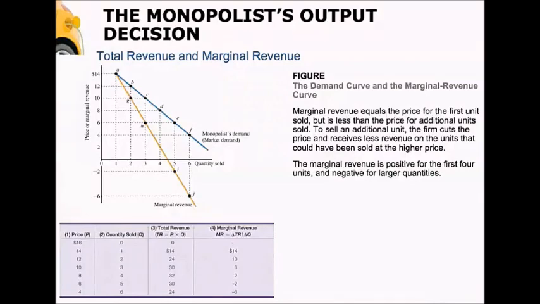That's what we mean by elastic. In the inelastic portion of the demand curve, marginal revenue is going to be negative, because the percentage change in quantity is less than the percentage change in price. And since we're reducing price, our total revenue is going to go down. Marginal revenue is negative.